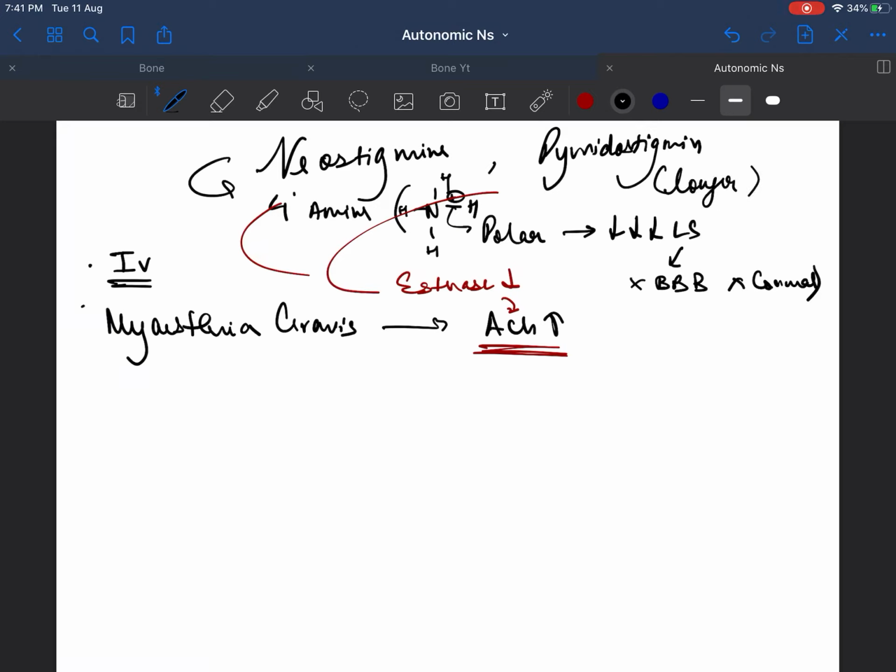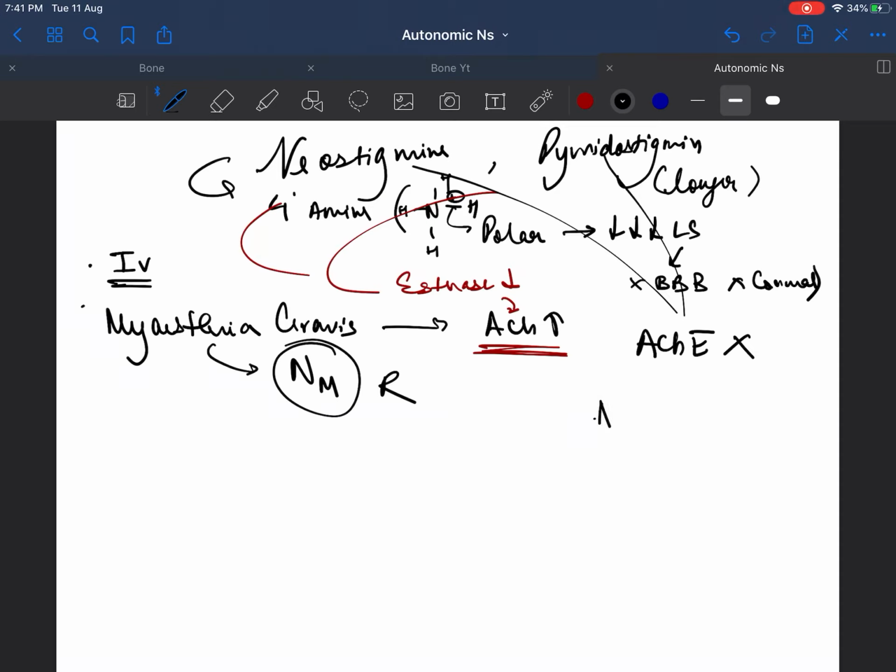But what is the problem with only using neostigmine and pyridostigmine alone? The problem is this: in myasthenia gravis, what are the antibodies formed against? They are formed against the NM receptors. But when you decrease the ACHE by using neostigmine and pyridostigmine, your ACH will increase and it will act on the NM receptors.